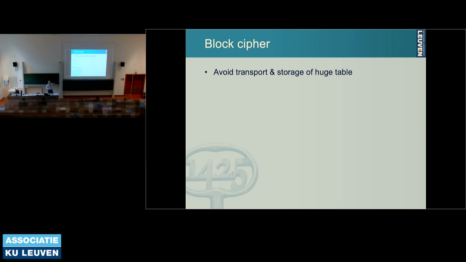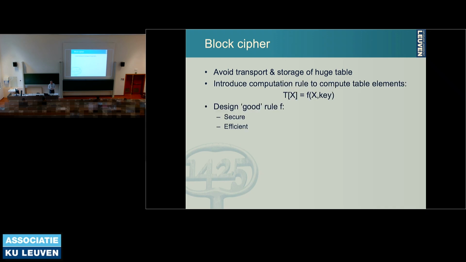As I said, in symmetric key cryptography, the receiver typically needs to get this key in some way, and you don't even want to store it locally because it's too large. So instead of really generating this table randomly and storing it, we will introduce some kind of a function that computes the table elements.